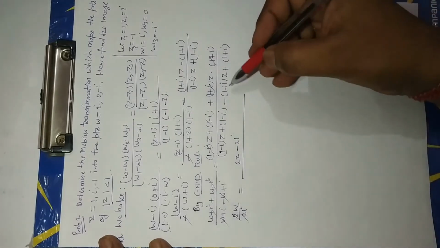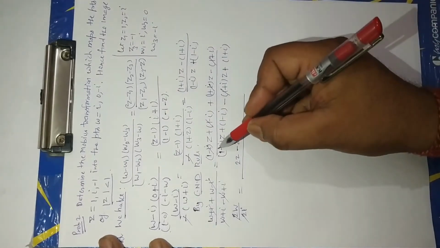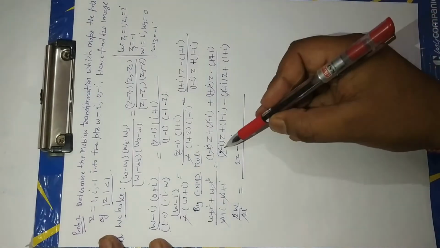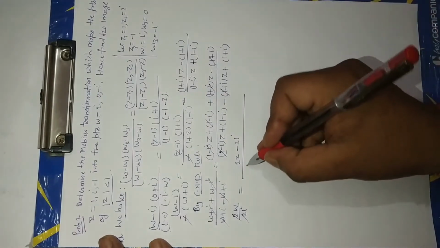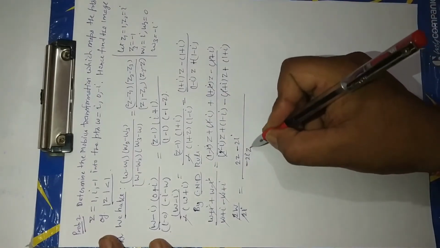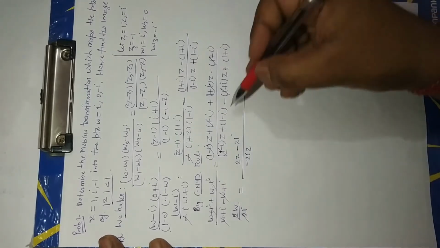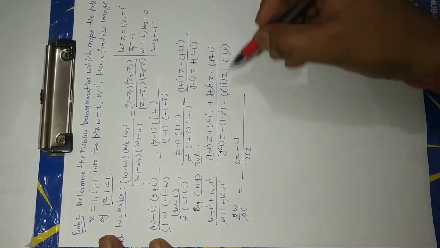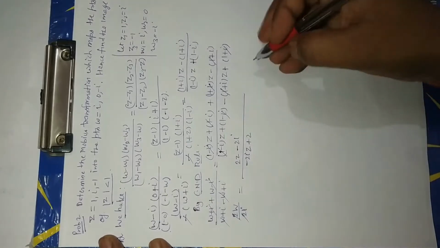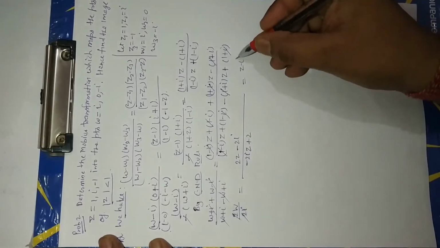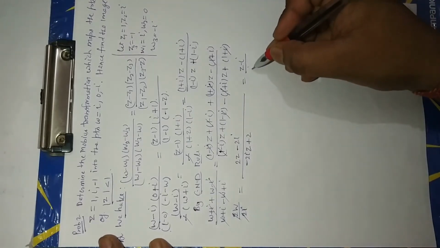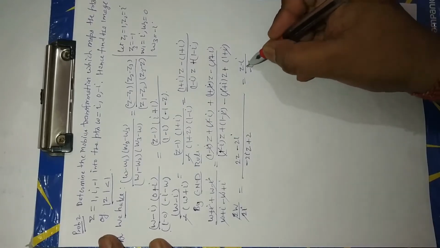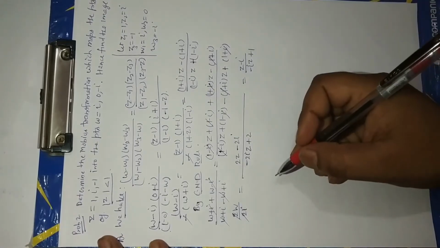Similarly minus z plus z cancels, iz minus 2iz, that is i cancels by this i, z minus i upon minus iz plus 1.